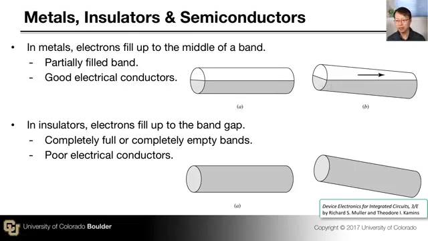Just like that, if you have a partially filled energy band, and you tilt it, in this case it is the application of an external electric field that acts as the tilting, then the electrons will flow along the direction determined by your electric field. This makes the solid a good conductor. So, if you have a solid whose band structure features at least one partially filled band, then you have a metal, and you have a good conductor.